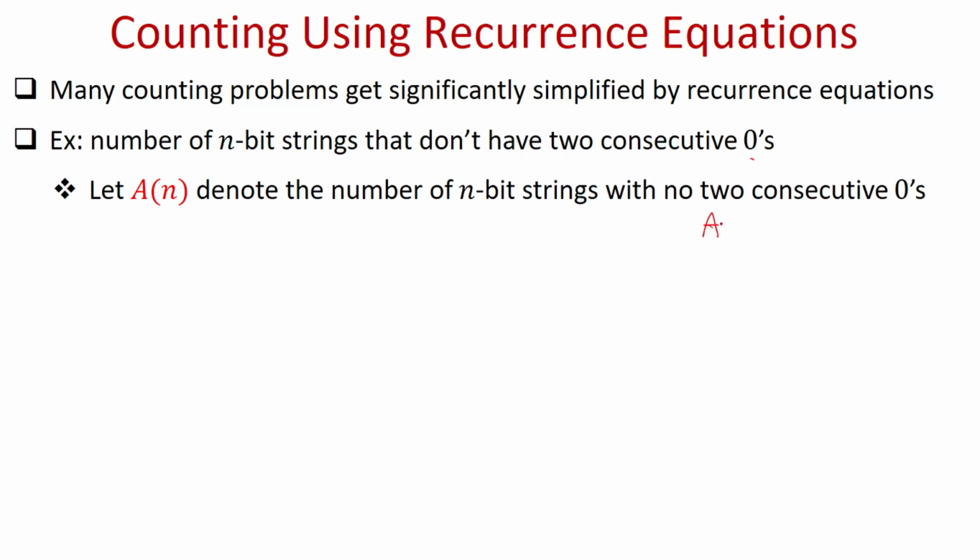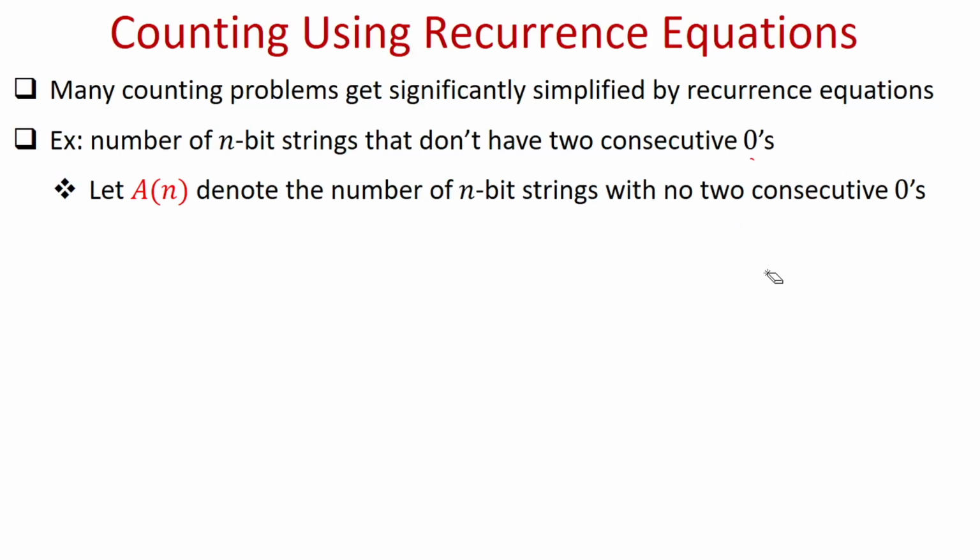So a of 1 gives me the number of bit strings of length 1 that do not have an occurrence of two consecutive zeros. A of 2 gives me the number of strings of length 2 that do not have occurrences of two consecutive zeros, and so on. That's the definition of my function a of n.